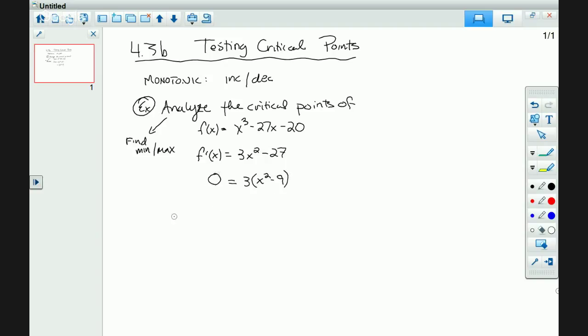Yes. So we've set the derivative equal to 0, right? To find the critical points, and then we can factor. So critical points.